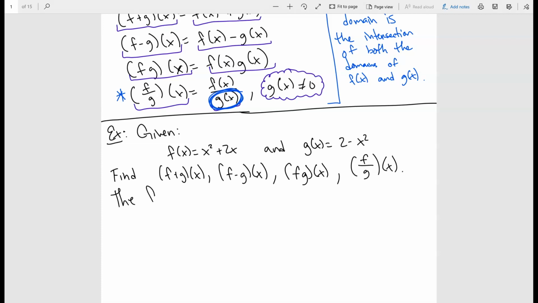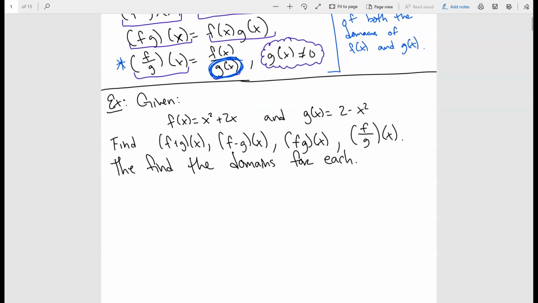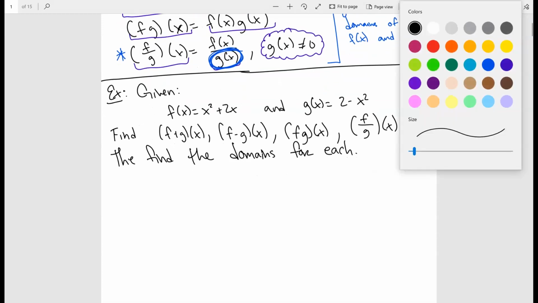Then find the domains for each. Okay, so let's start off by figuring out each of them, and then we'll talk about the domains.